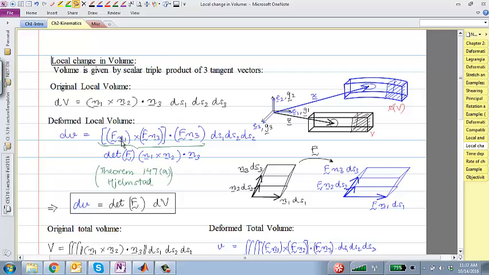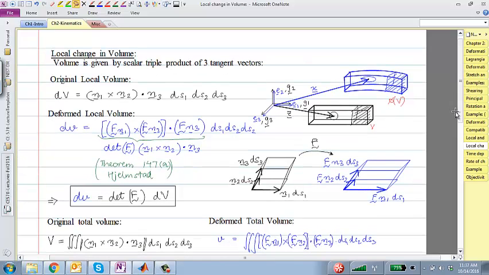The deformed volume would be given by the deformed tangent vectors. And just as I said last time, you can calculate the original and the deformed area, volume, length, whatever you want, if you have the parameterization and the map. You apply the map to the parameterization, you get the deformed parameterization. Then you can directly integrate the length, area or volume of that deformed parameterization to obtain the deformed values.